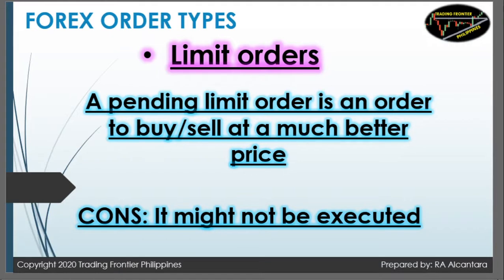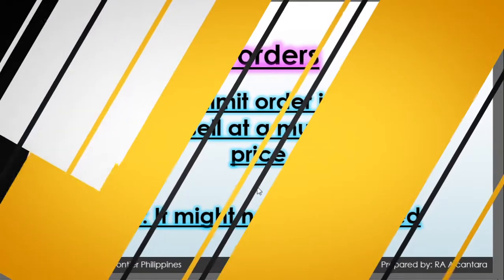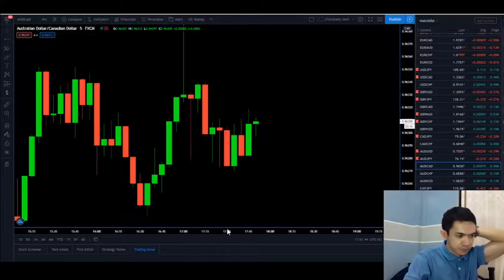Again, I'll be showing you in the actual charts what limit orders are and how I can buy or sell at a much better price, right? These limit orders are also called pending orders, meaning you already placed the order in advance, prior to the price coming to that specific level, right?